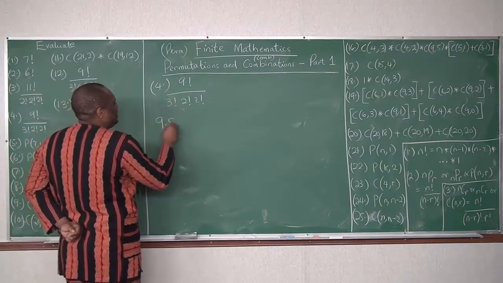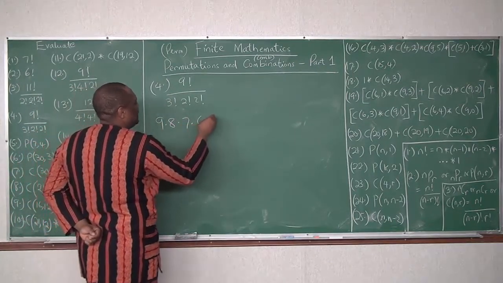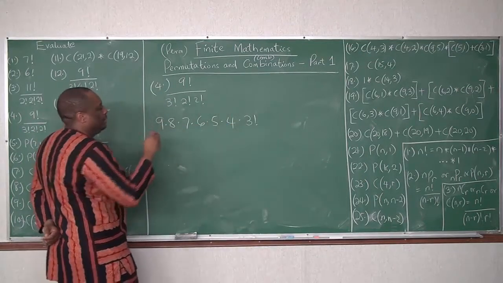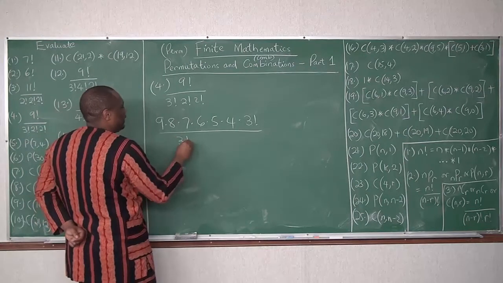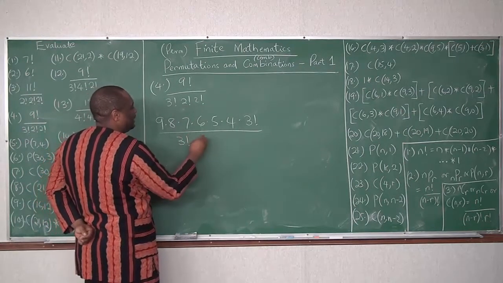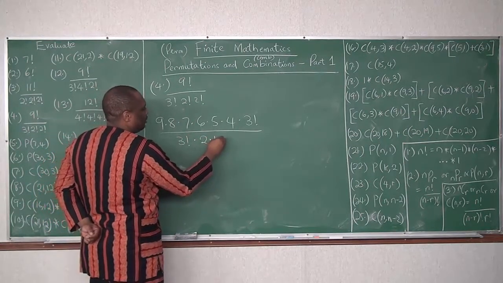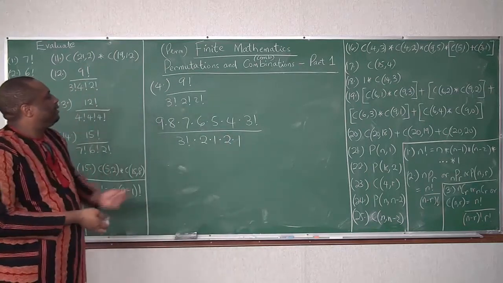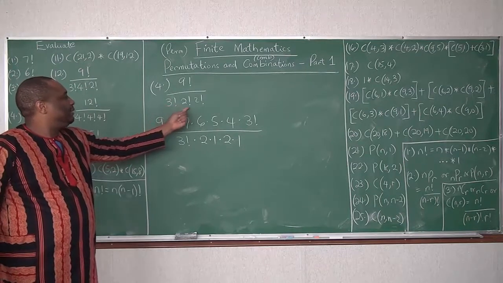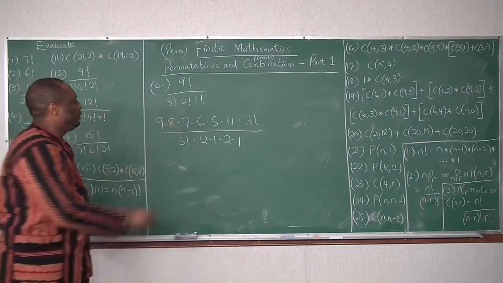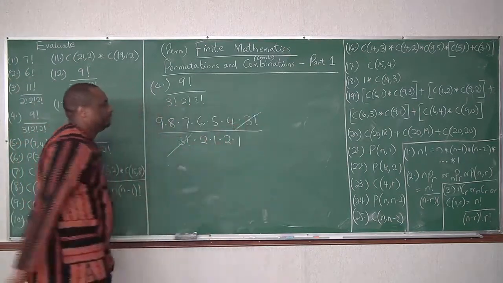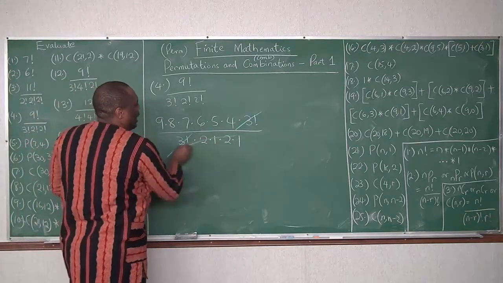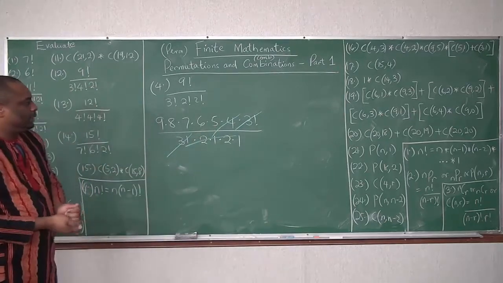So this is 9 times 8 times 7 times 6 times 5 times 4 times 3 factorial all over 3 factorial times, we can expand this right away, 2 times 1 times 2 times 1. We stopped at 3 factorial because it's greater than 2 factorial. So we can easily cross out, bam, bam, that's gone. 2 times 2 is 4, so we do bam, bam, that's gone.